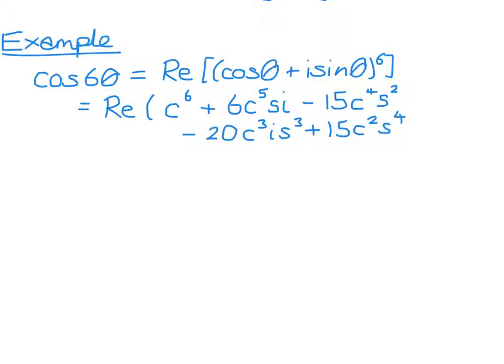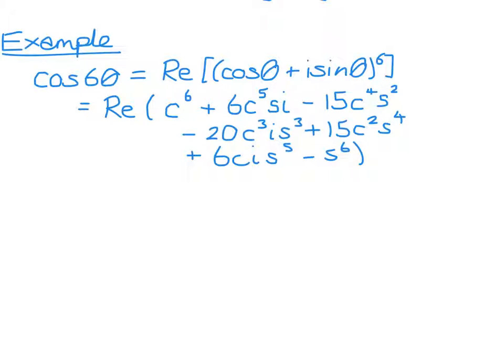We'd have i to the power of 4 here, which is just 1, plus 6 times cos theta times i times sine theta to the power of 5 minus sine theta to the power of 6.